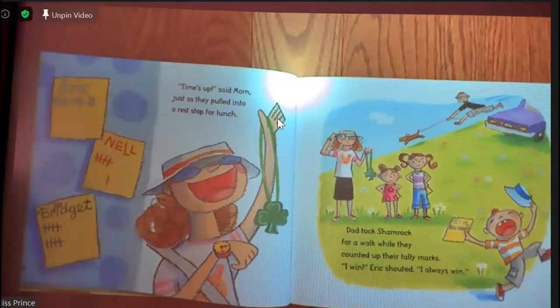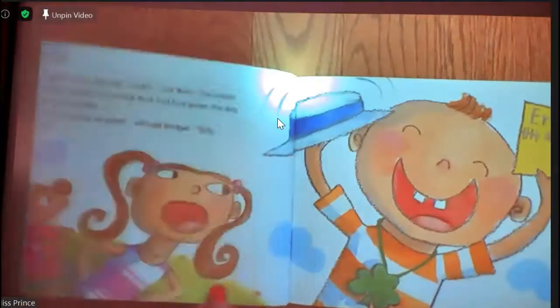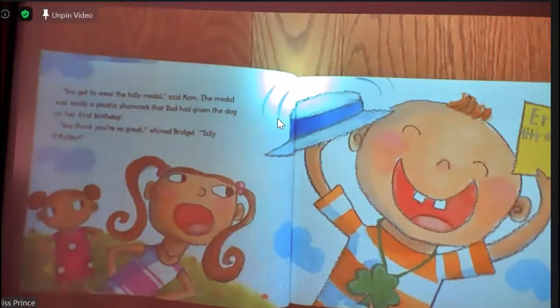Dad took Shamrock for a walk while they counted up their tally marks. I win, shouted Eric. I always win. You get to wear the tally medal, said Mom. The medal was really a plastic shamrock that Dad had given the dog on her first birthday. You think you're that great, won Bridget? Tally O'Malley.